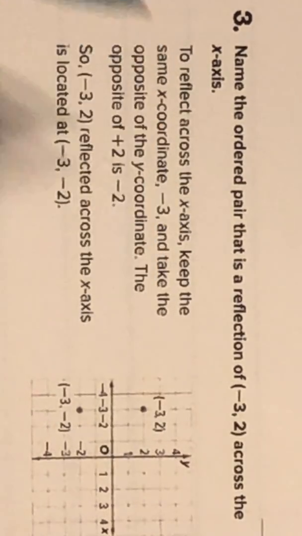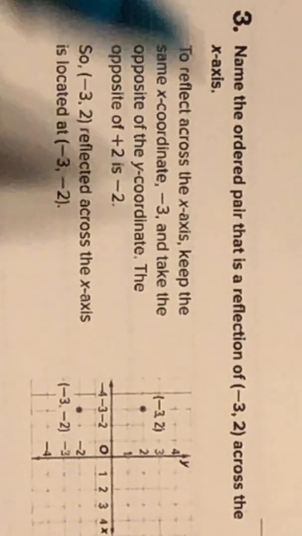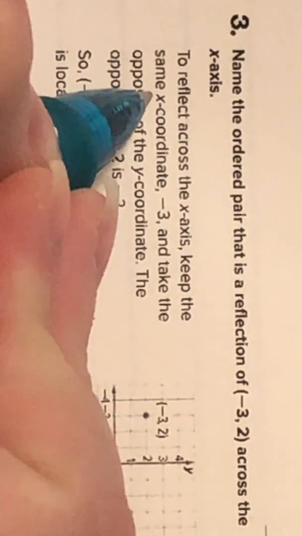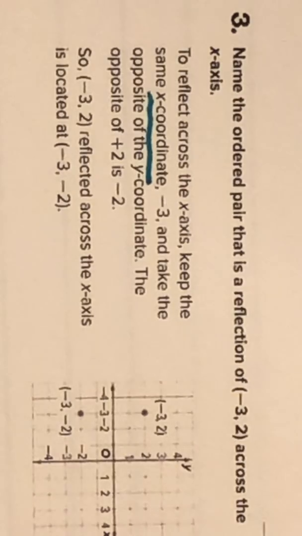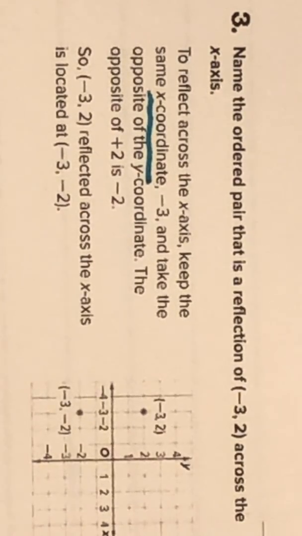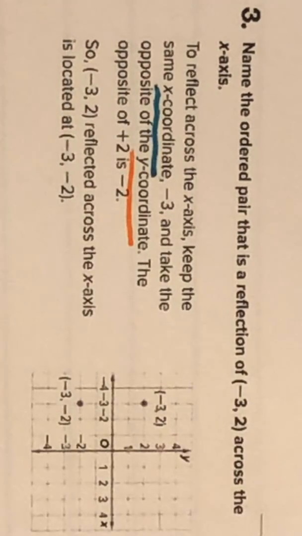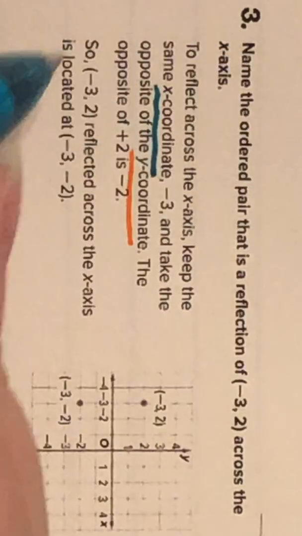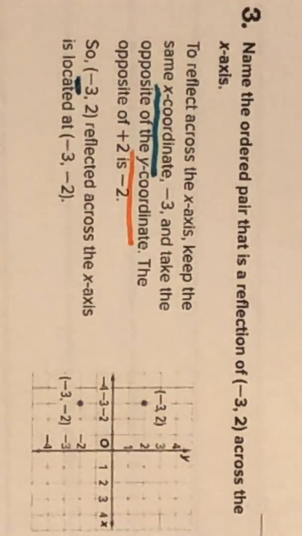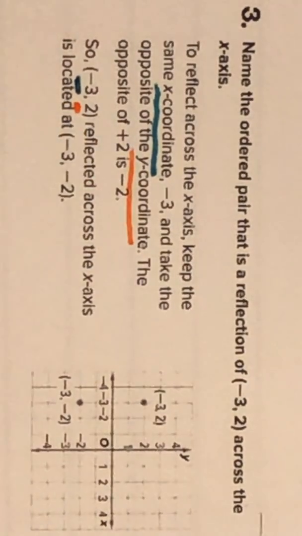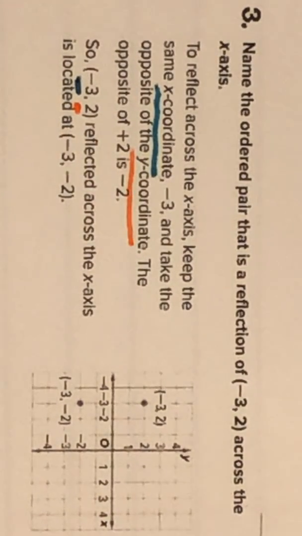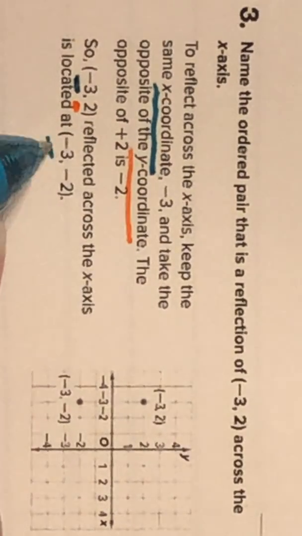To reflect across the x-axis, I keep the same x-coordinate, so my x-coordinate stays the same, -3, and I take the opposite of the y-coordinate. So the opposite of 2 is -2. So -3, 2 reflected across the x-axis is located at -3, -2.